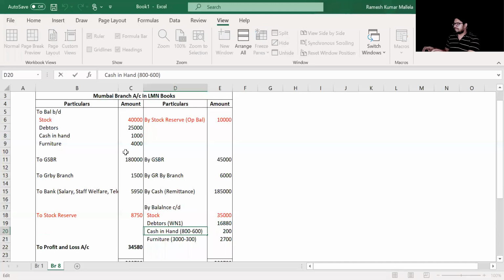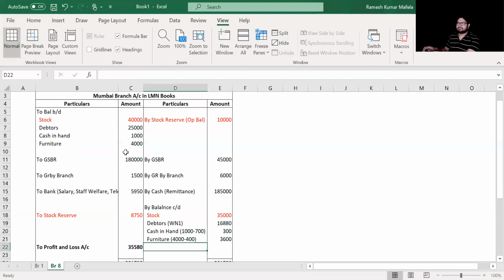Cash in hand: opening balance is 1,000, however you spent 700, so 300 is left over. Furniture: opening balance is 4,000, and he says depreciation is 10% on it, so it is going to be 3,600.